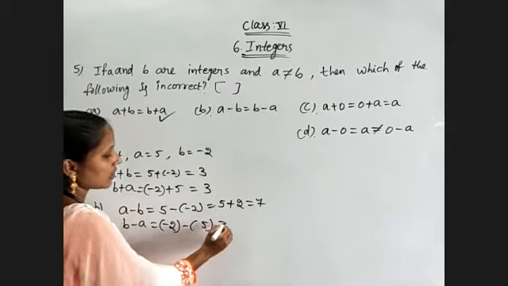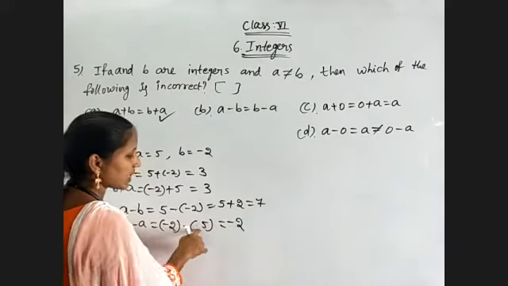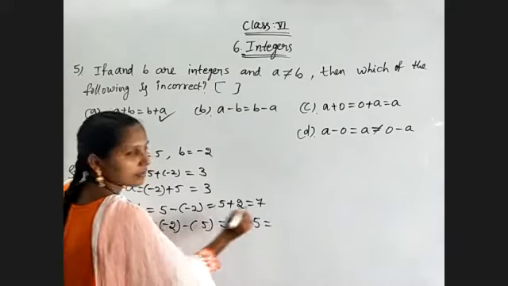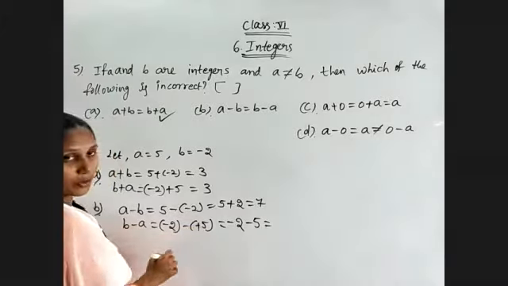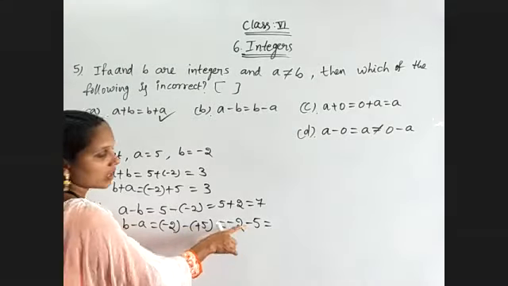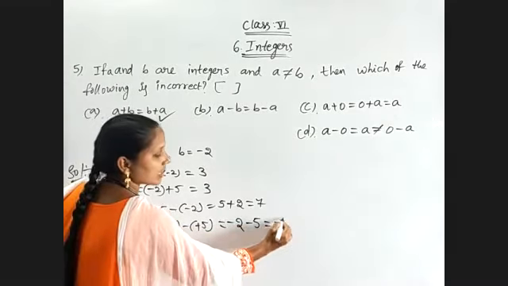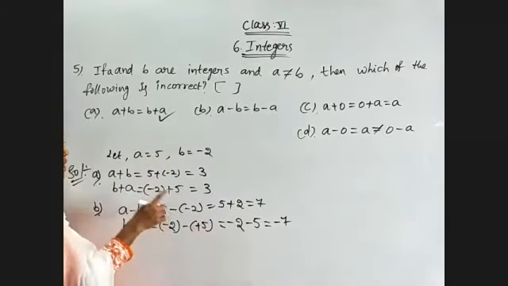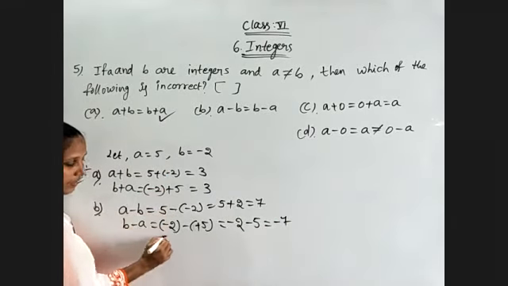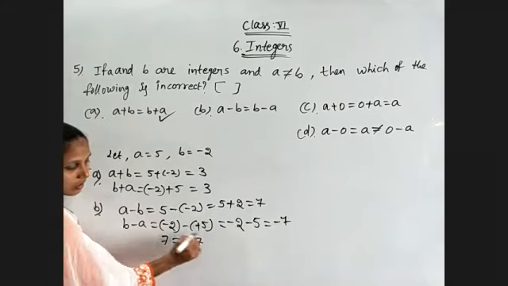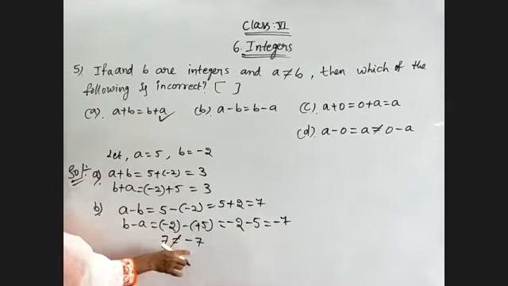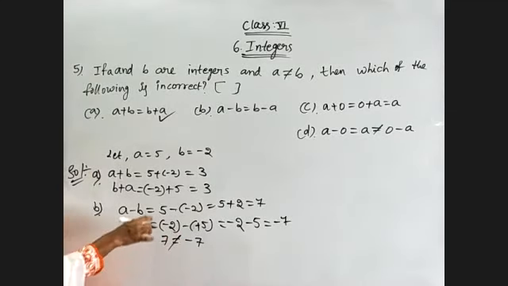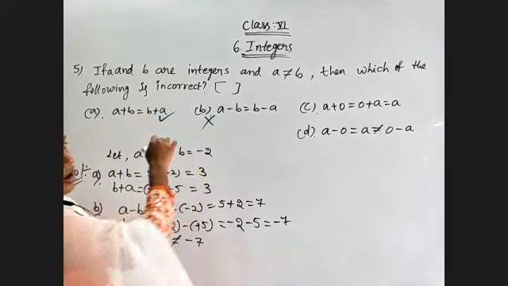So what will you get? -2 minus into plus, that is -5. Both are minus values, so addition, and -7 we must get. Now, are 7 and -7 equal? No. One is positive number, one is negative number. So both are not equal. Means second option holds wrong.